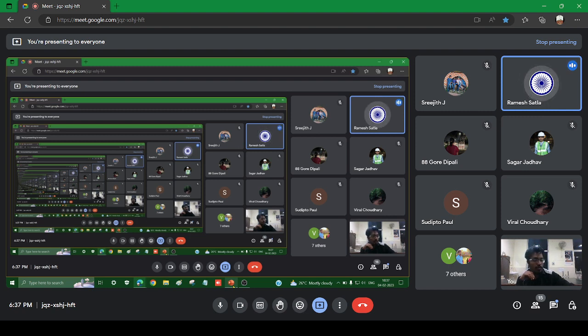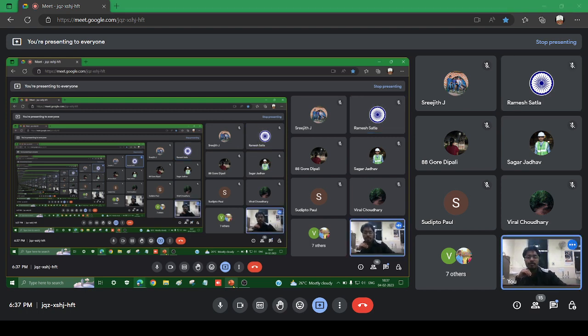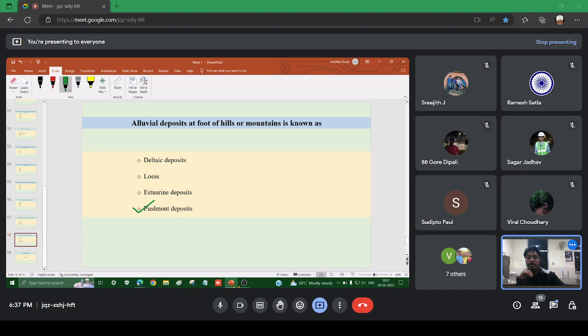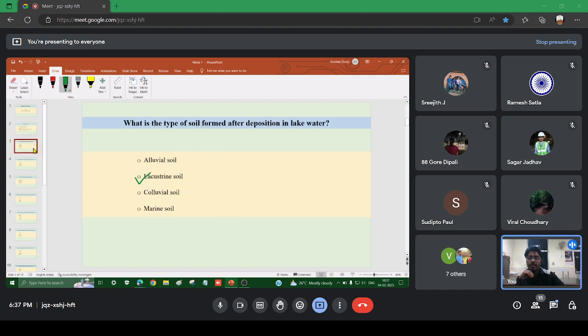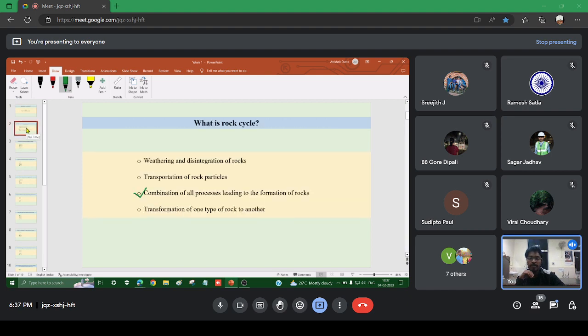These are all geological terminologies. Yes, I know, because this chapter, origin of soils and rocks, has a petrological part that is a bit hectic. I think it is a bit difficult for you people because you are civil engineers, right?